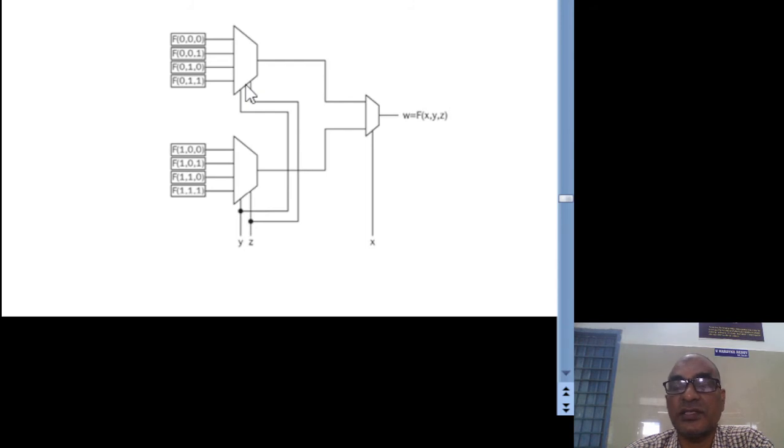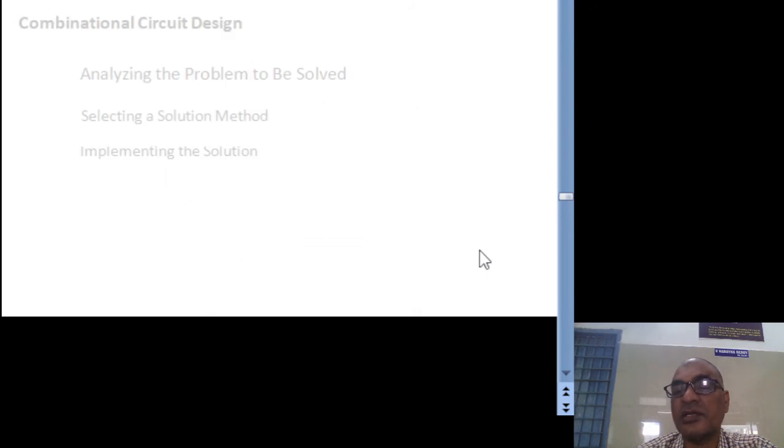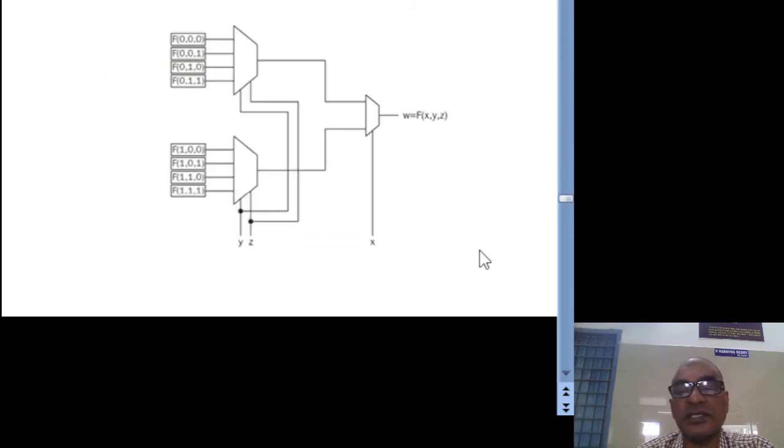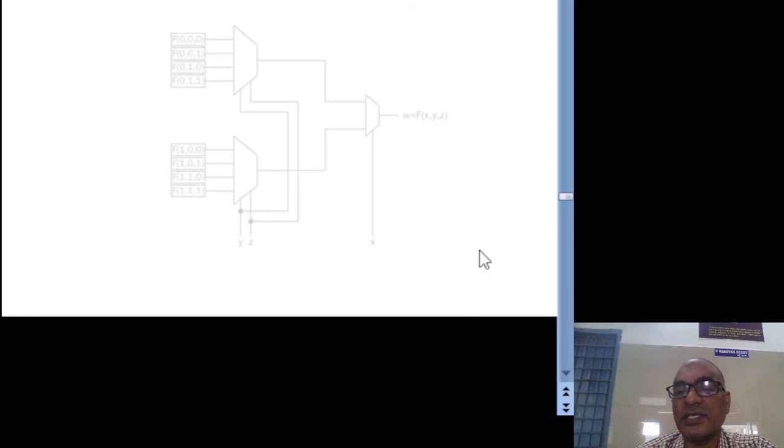In the previous class, in the previous slide, we observed how a 4x1 multiplexer can be implemented using 2x1 multiplexers, right? So observe that part also. Here it is not shown, but you can implement it directly.